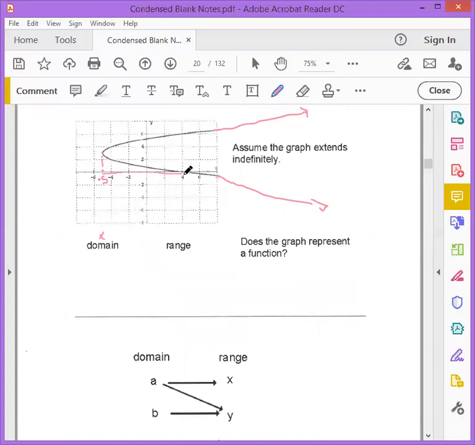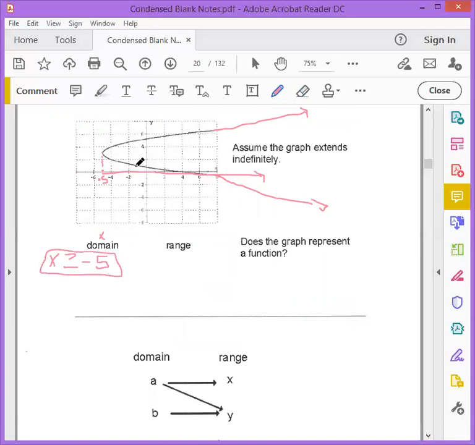And then any value that's greater than -5, because that graph is going to continue to extend. So our domain would be numbers that are greater than or equal to -5. So x could be greater than or equal to -5.